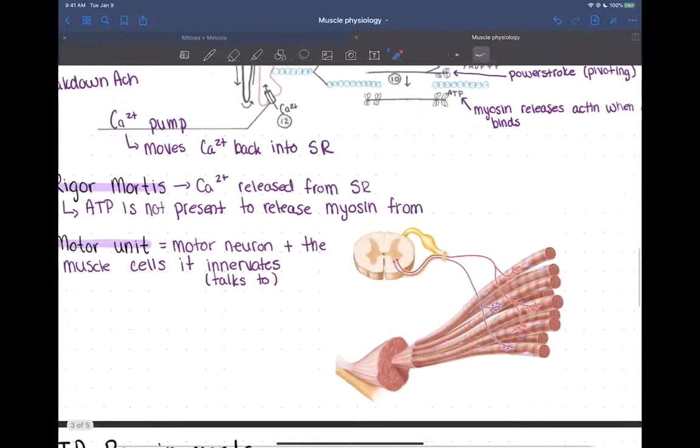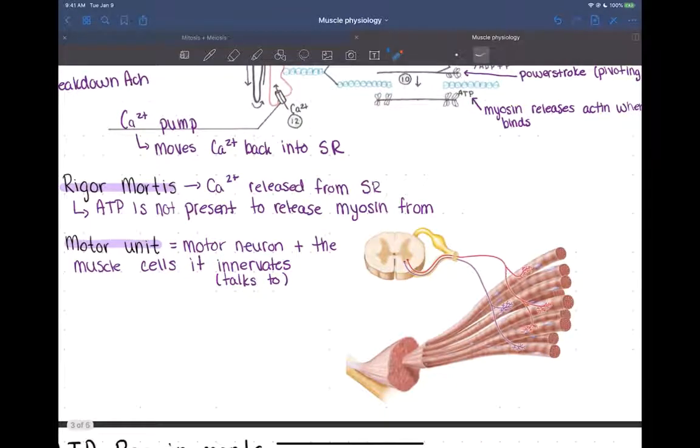All right, and so the different sizes of motor units kind of determine how much control you have over that muscle, right? So a small motor unit would allow for fine muscle control. This would be like in your fingers and your hands. Your eyes have very small motor units.